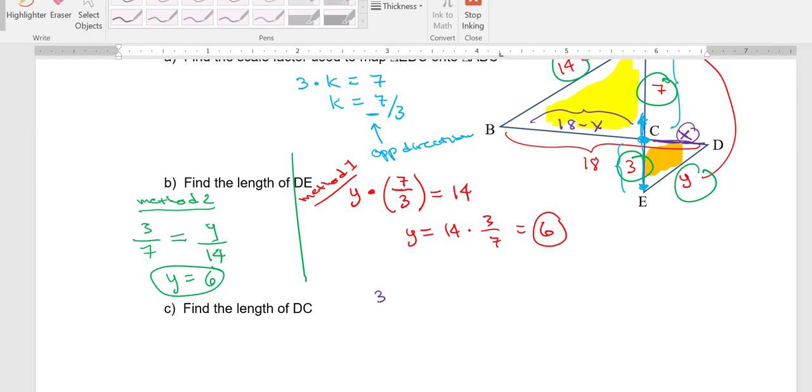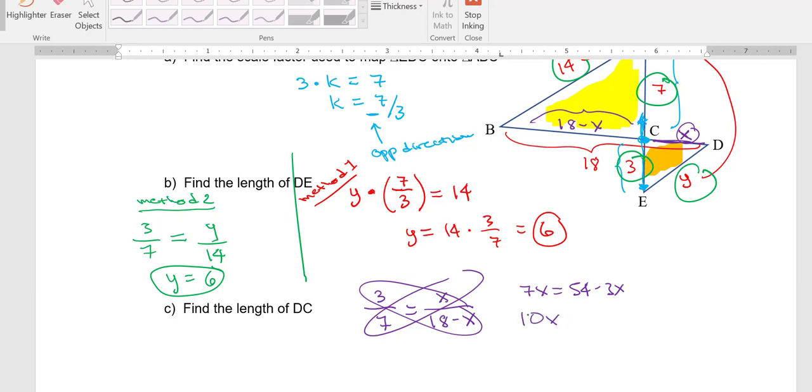It's going to be 3 from the smaller triangle is to 7 from the bigger triangle, as x from the smaller triangle is to 18 minus x from the bigger triangle. Then I'm going to cross multiply, which we'll talk about quite a bit in the next section. So 7x is going to be equal to 54 minus 3x, or 10x is going to be equal to 54, or x is going to be equal to 5.4.